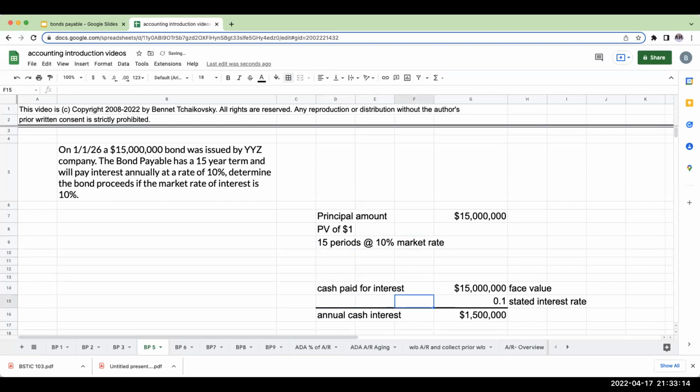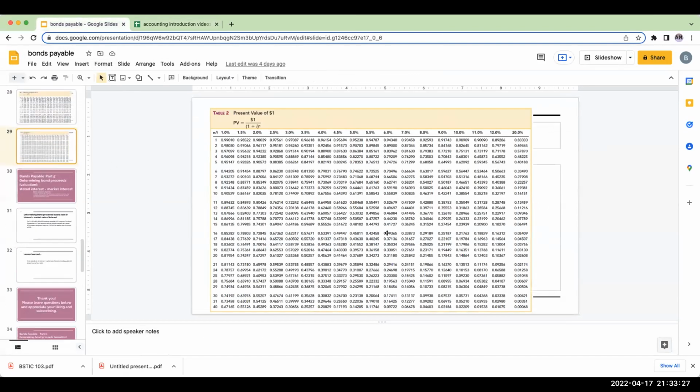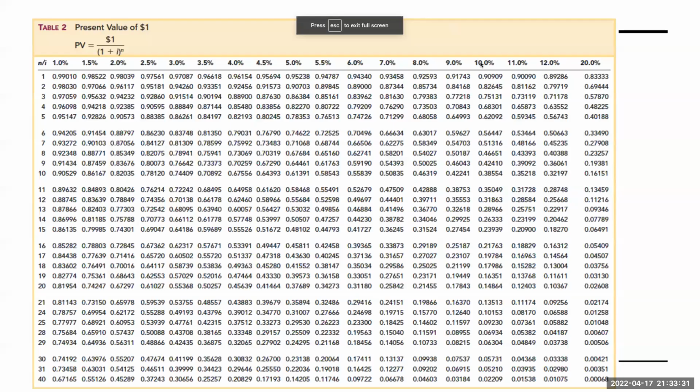This 10% is the stated rate, the stated interest rate. So over here, 15 periods at 10%. If I come to my present value of $1 table, 10% at 15 periods, this is going to be 0.23939.